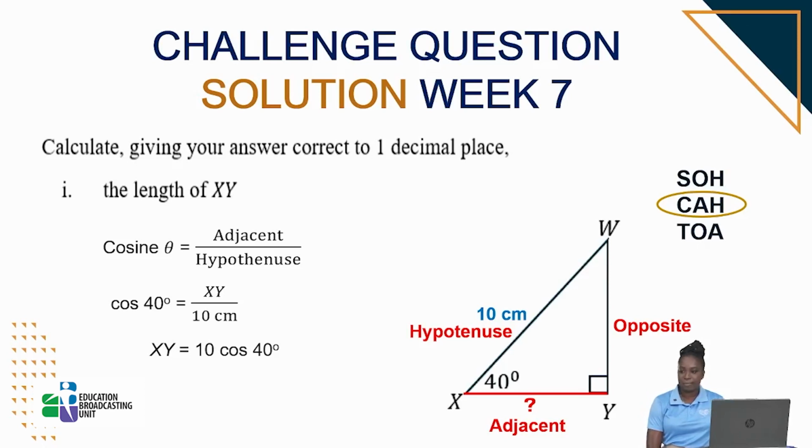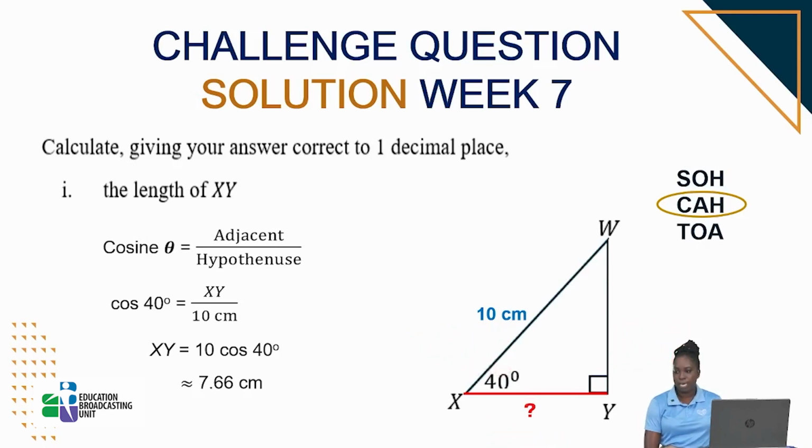And so we can just type that into our calculators, and we are going to get an approximate length of 7.66 centimeters. So it is advised that when you find measurements, because this is not just a single part question, we most likely will need 7.66 for future calculations. And so we would insert that onto our diagram.